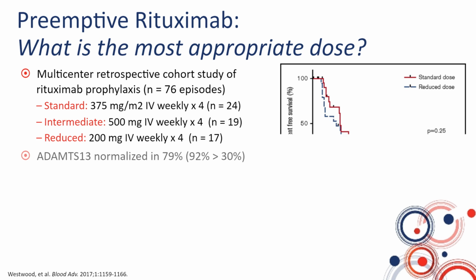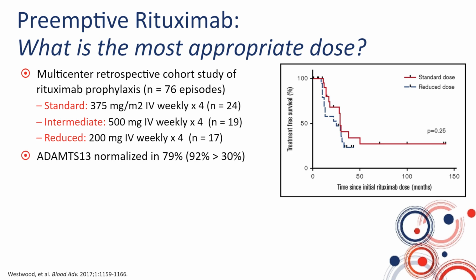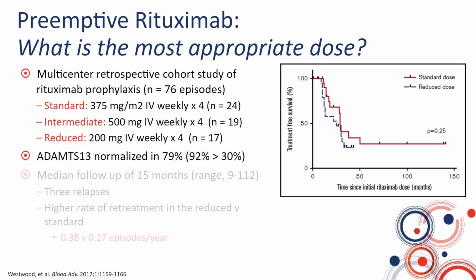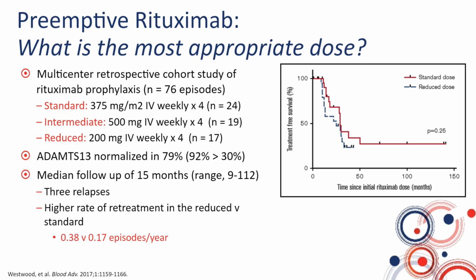And you can see the treatment-free survival in this graphic not being markedly different, the standard dose compared to the reduced dose. But indeed, when you look at it more carefully, there was a higher rate of retreatment required due to the recurrence of the ADAMTS13 deficiency in the reduced versus the standard dosing arm, 0.38 episodes versus 0.17 episodes.